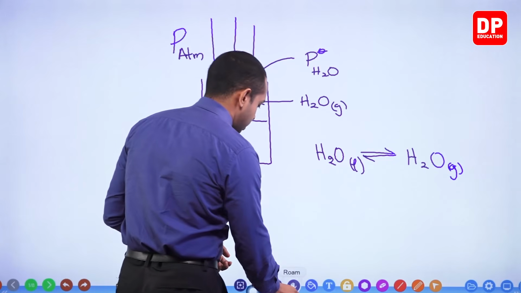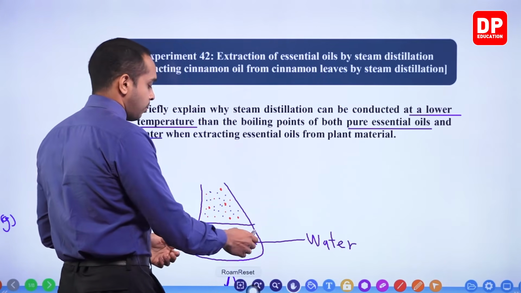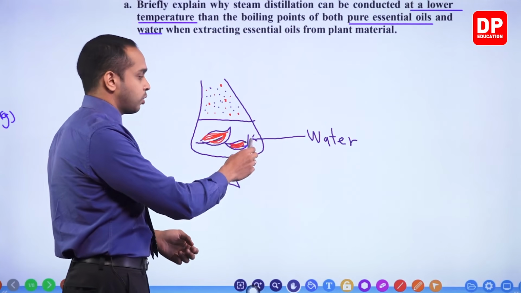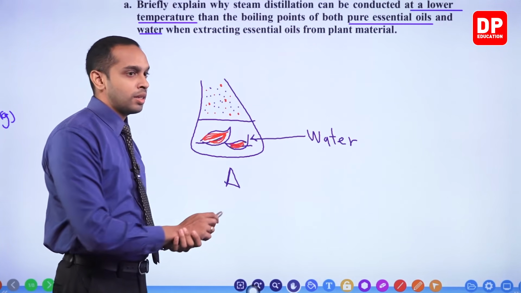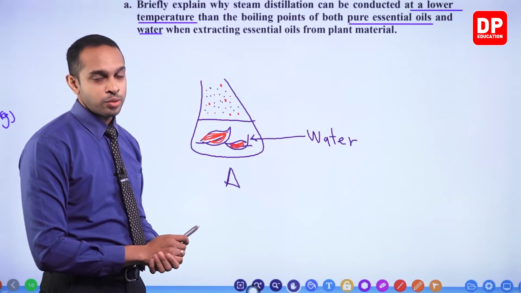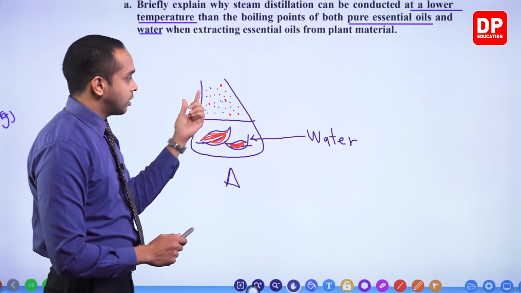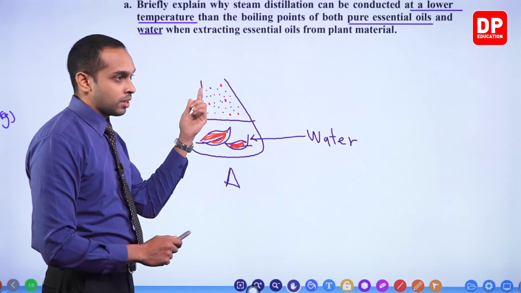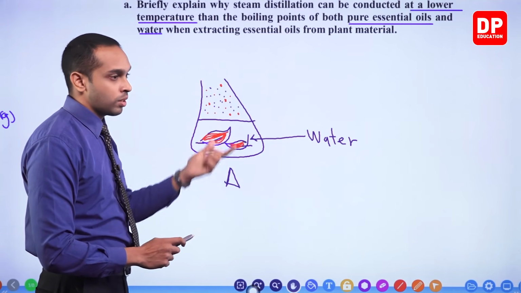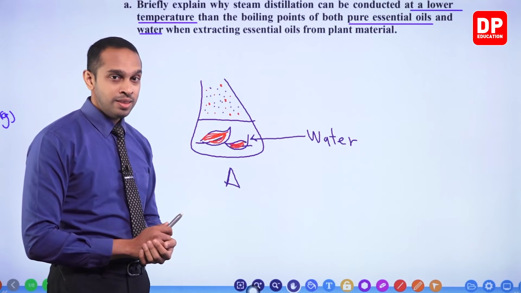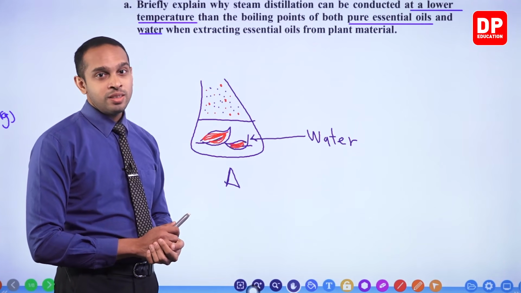But in the steam distillation process, we have not just water, we have plant material containing essential oils also. So when you are providing heat, you can observe in the vapor region here, you have both water vapor as well as essential oil vapor.